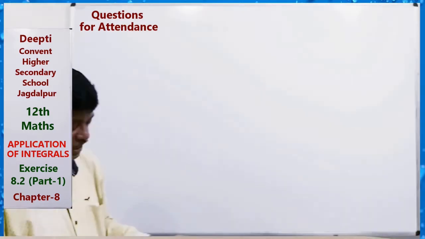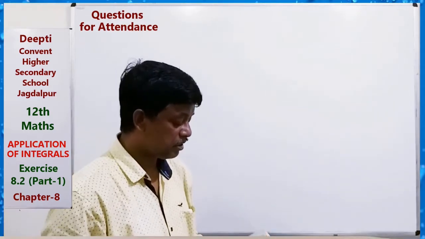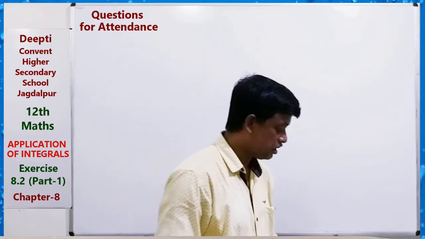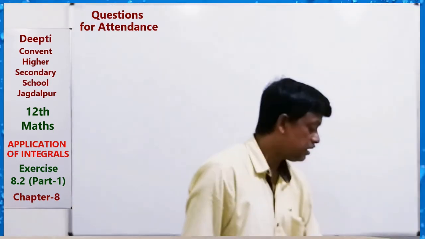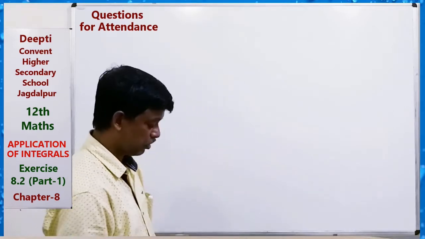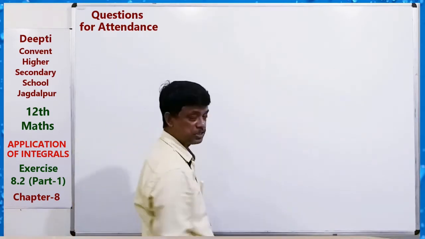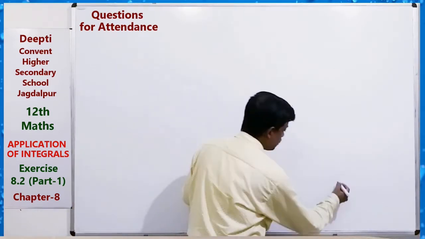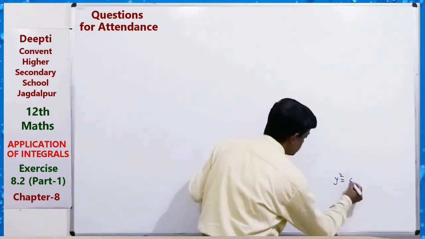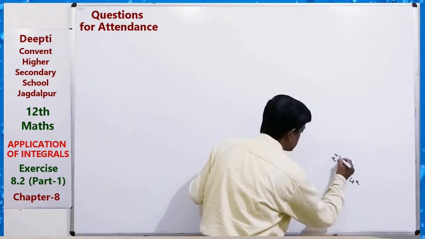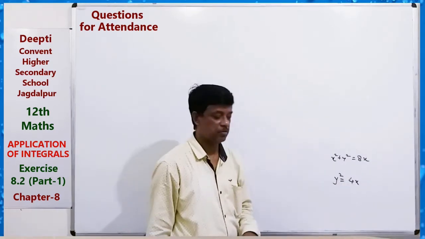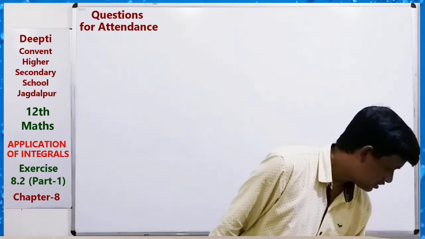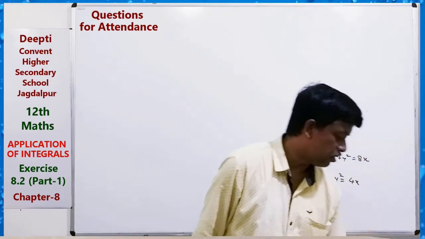Find the area lying above the x-axis included between the circle and inside of the parabola. Here in these questions given: y square equals 4x and x square plus y square equals 8x. This is the circle, this is the parabola.